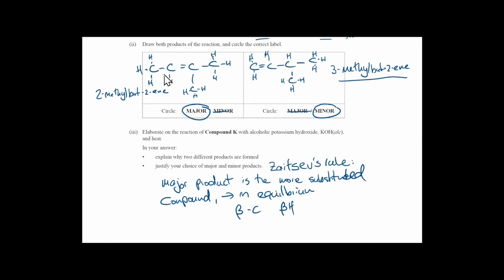These carbons are attached to one each, so there's 2 of those. In fact, this one is attached to 2 carbons. So the fact that these are attached to more carbons than this one, so this is attached to 0 and this is attached to 1, this one is attached to 1 and this one is attached to 2, makes this the major product, because this is the more stable product. It's going to take a lot more energy to break that one up, I guess you could say.